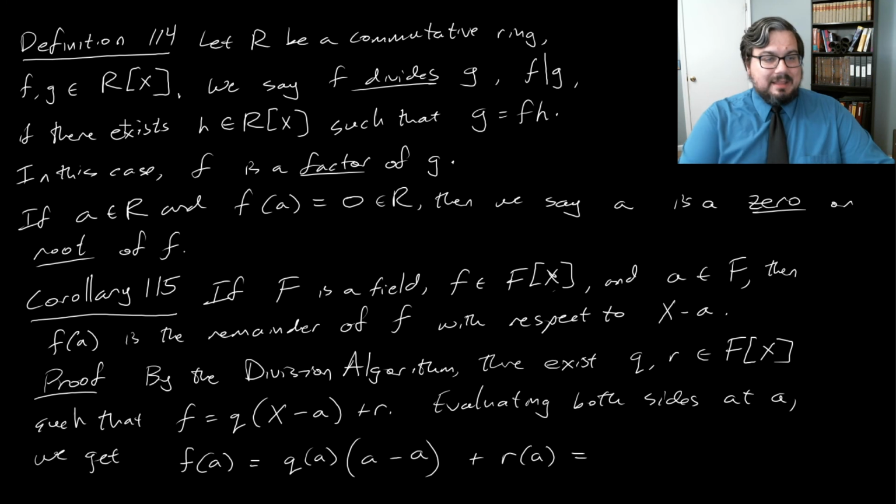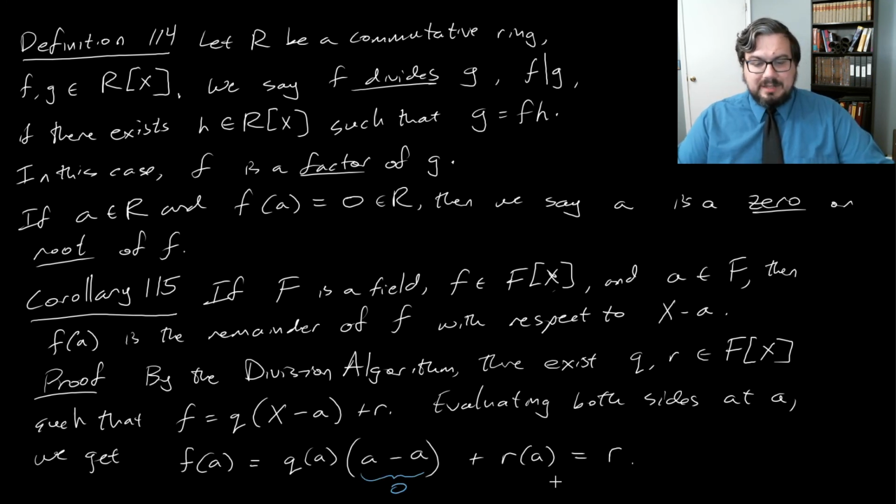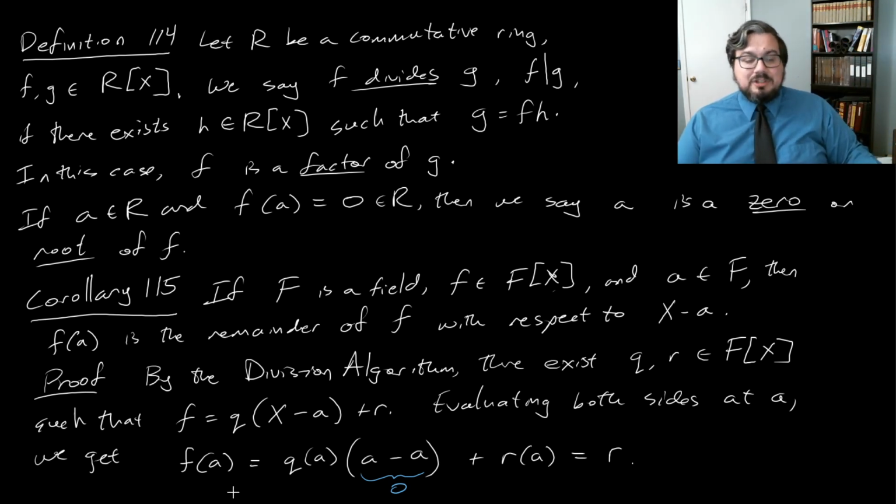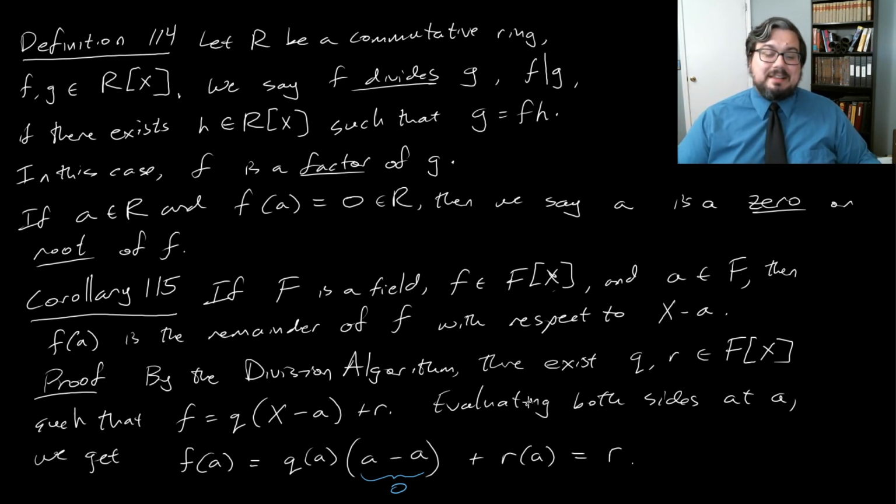Furthermore, we've got an a minus a term over here, which becomes 0, and so, in fact, we get back just r. This proves corollary 115: evaluating a function at a particular element is equivalent to finding the remainder of the division algorithm applied to that function f and the degree 1 polynomial x minus a.